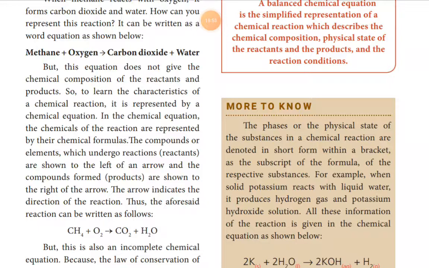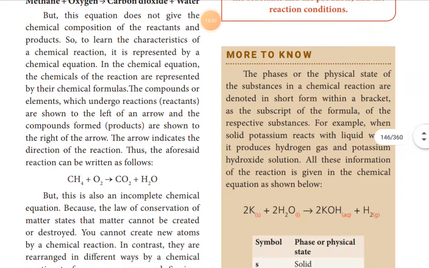But this is also an incomplete chemical equation, because of the law of conservation of matter. What is the law of conservation of matter? That is, matter cannot be created or destroyed. That is the law of conservation of matter.